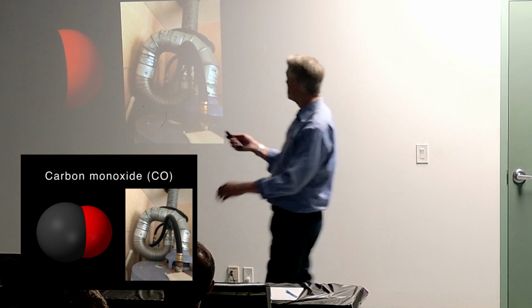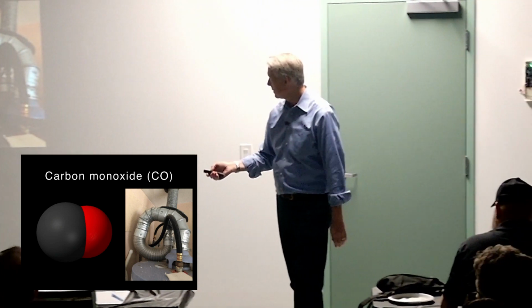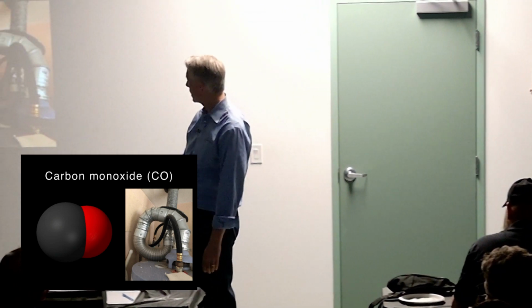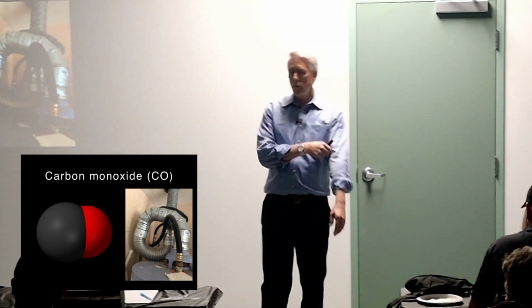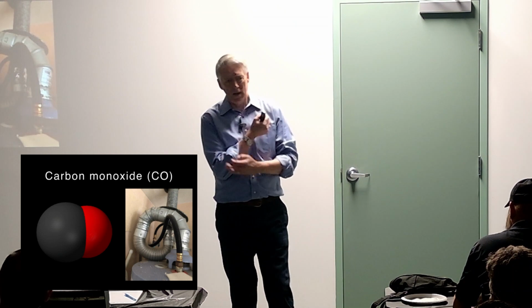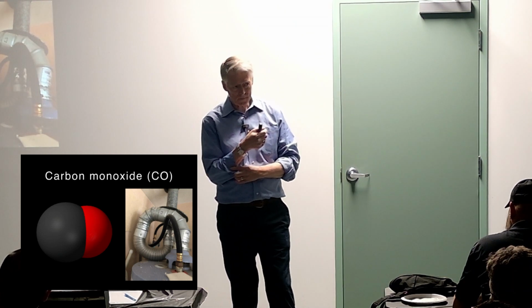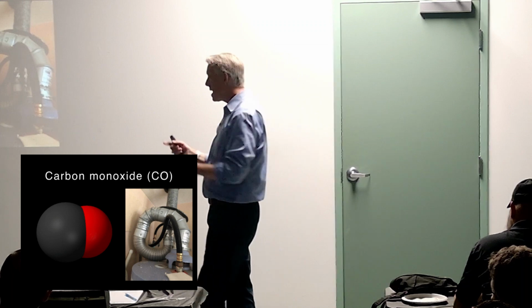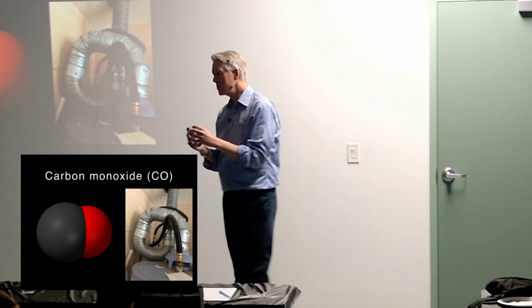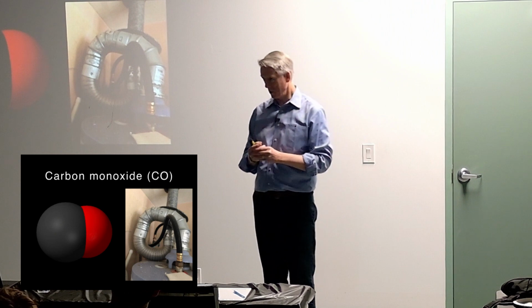Okay, carbon monoxide. You can't really see the black part, that's the carbon monoxide molecule, carbon and oxygen together. The reason carbon monoxide is a health problem is that it is almost the same size and shape as the oxygen molecule, O2.